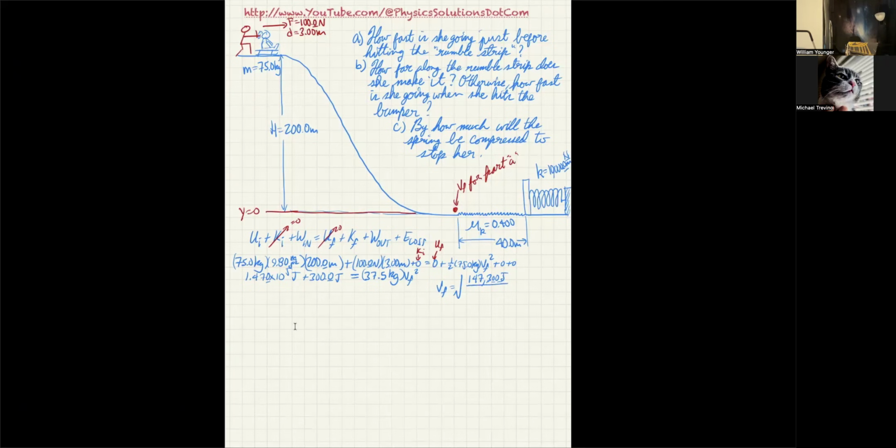And then I'm going to divide all that by 37.5 kilograms. Now, a joule is a newton meter, and a newton is a kilogram meter per second squared. So a joule is a kilogram meter squared per second squared. If I divide that joule by a kilogram, I just get meter squared per second squared, and the square root of that is just meters per second, and it's going to be pretty big.